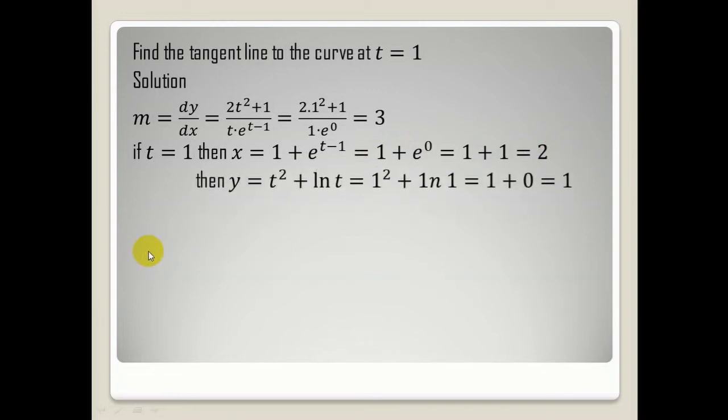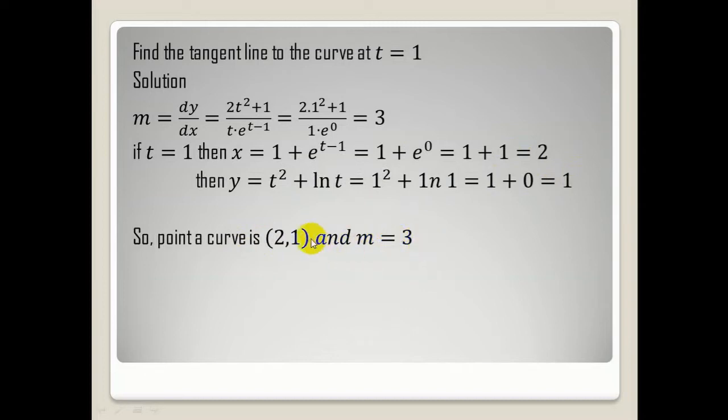Then we find the y. y is equal to t squared plus ln t. We need to substitute t equal 1 here. 1 to the power 2 plus ln 1. ln 1 is 0. 1 plus 0 is 1. So we get the point on the curve (2, 1), and the slope is equal to 3.